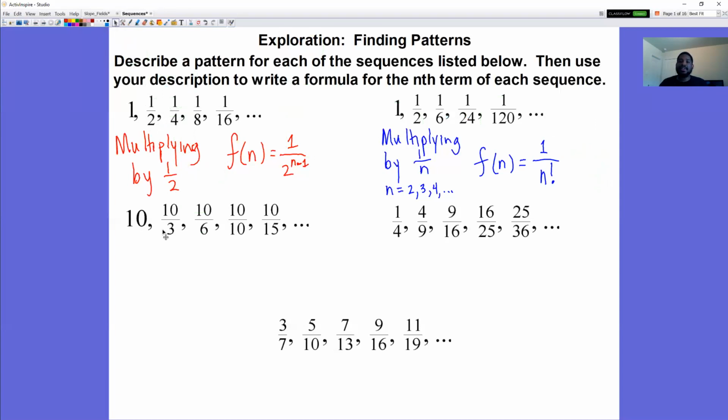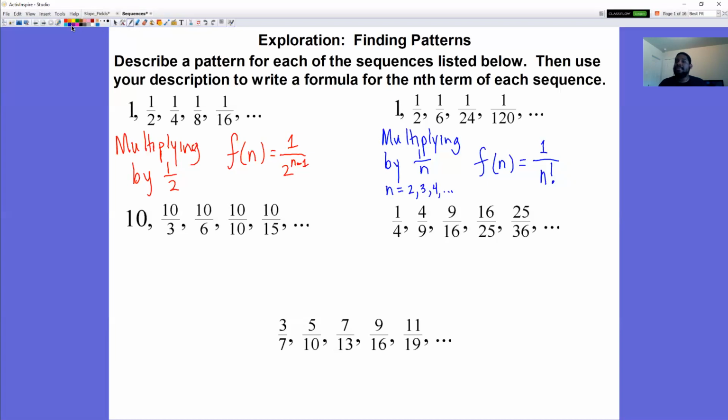The next pattern is dealing with 10/1, 10/3, 10/6, 10/10, and so on. Okay, so what's happening is our denominators, to get to our denominator from this number to this number, we're adding 2, and then from here to here, we're adding 3, then add 4, add 5, and so on.